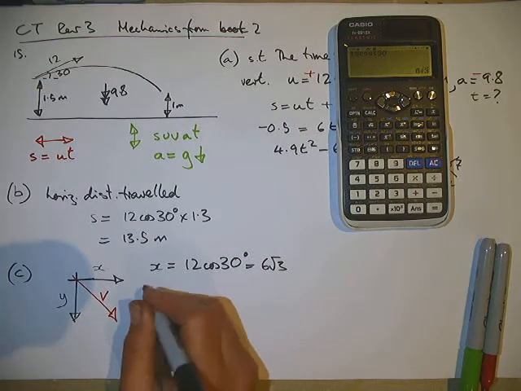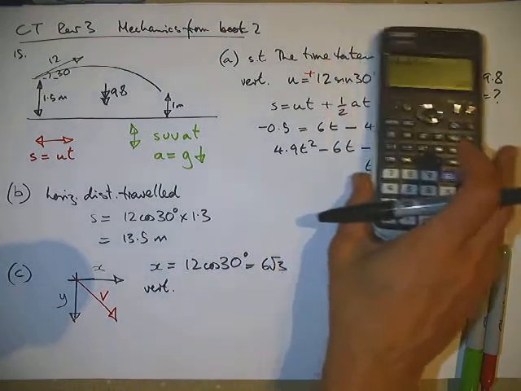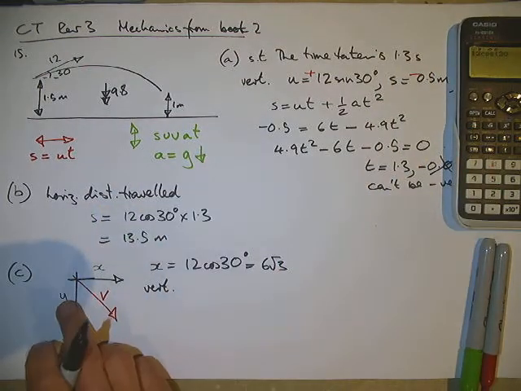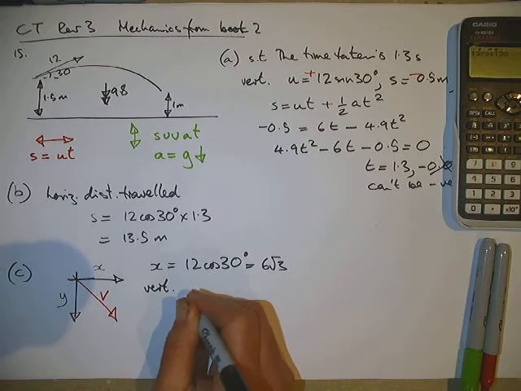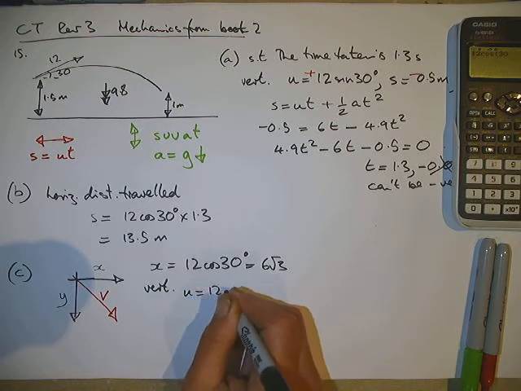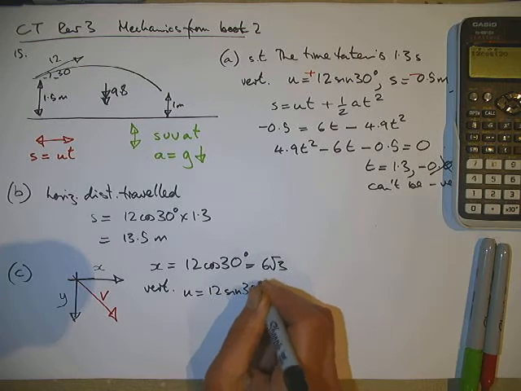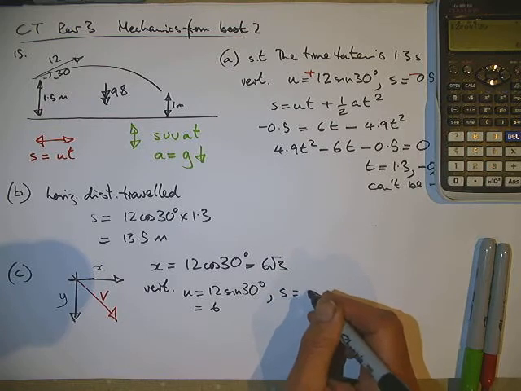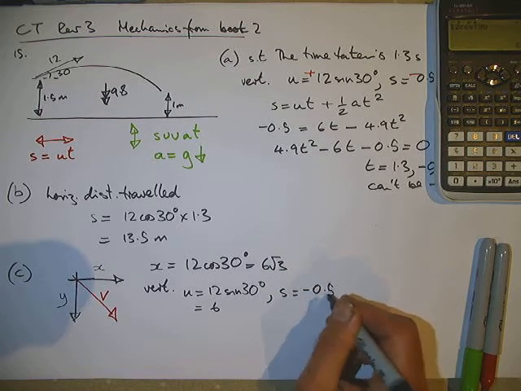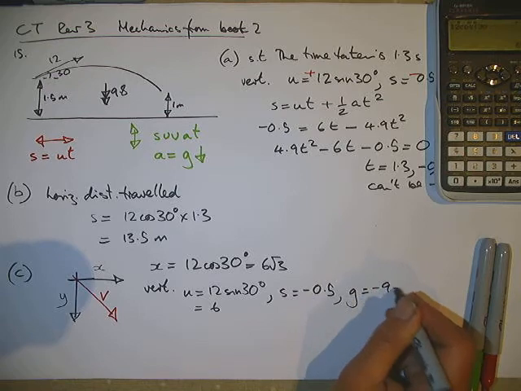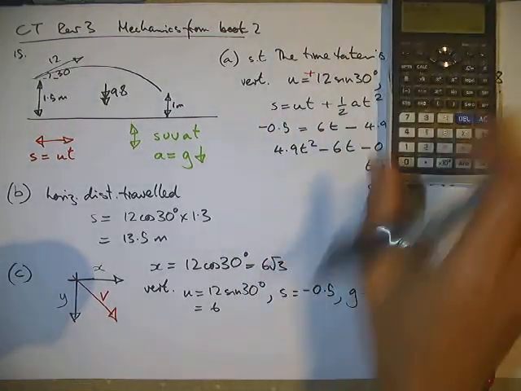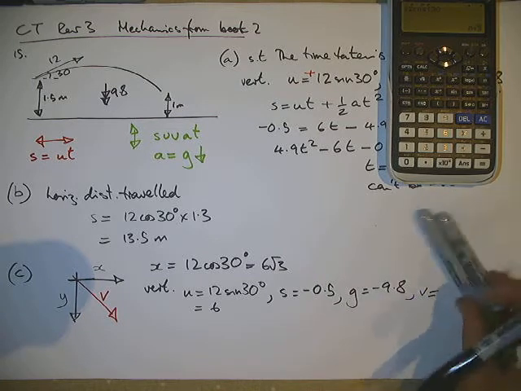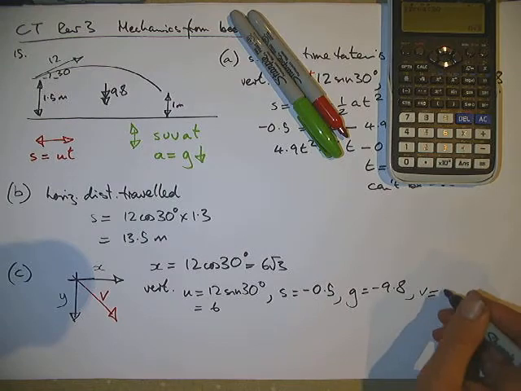How are we going to find y? Y is one of the vertical quantities, so we're going to use suvat again. Vertically, we've got u is 12 sine 30, which is 6. We've got s is minus 0.5. We've got g is minus 9.8. And we want to find that value y, the final velocity there, isn't it? V equals y.